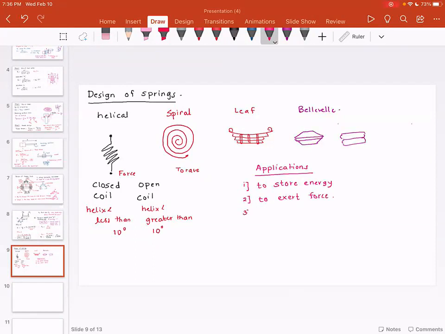Third, to absorb shocks. Fourth, they can be used in instruments to measure forces, for example, a spring scale. And fifth, to change vibration characteristics.